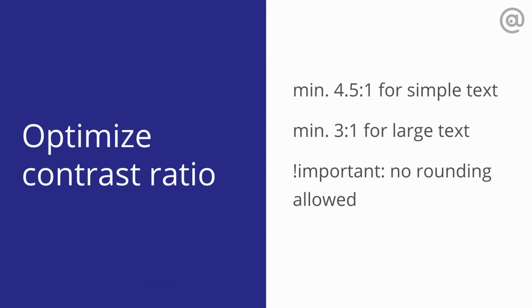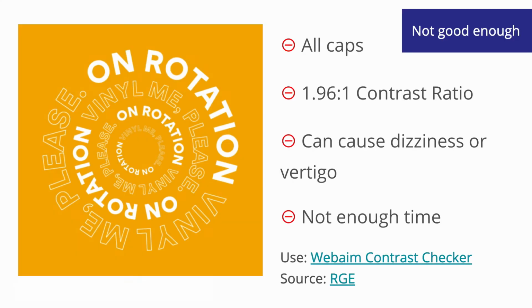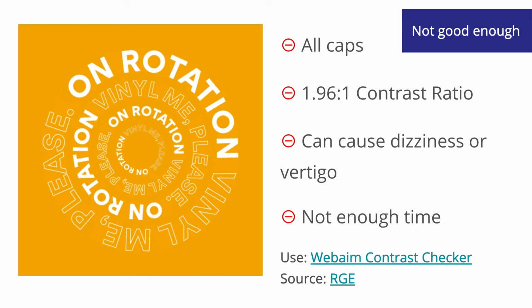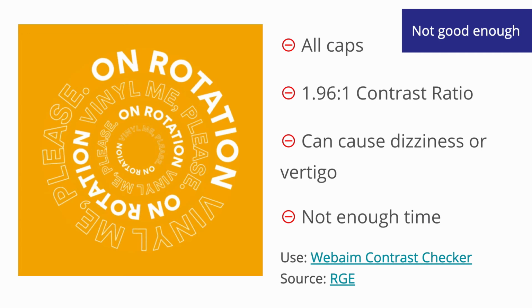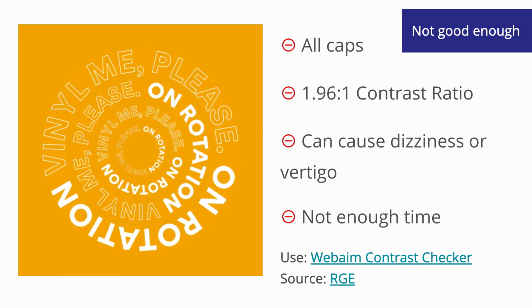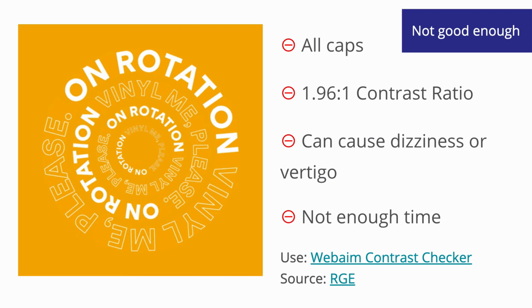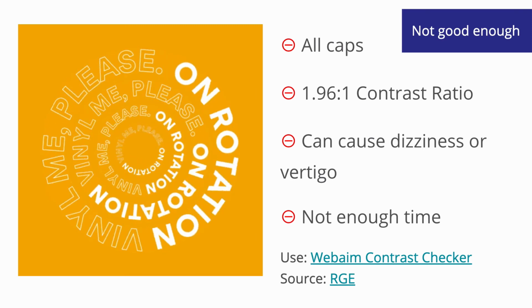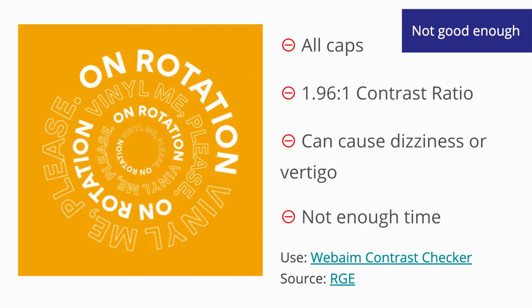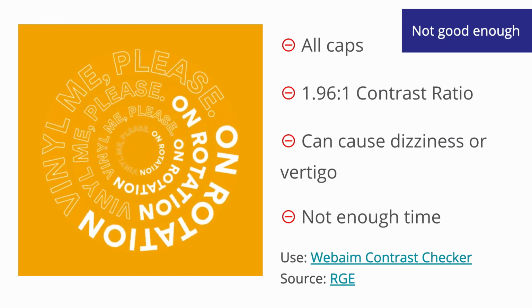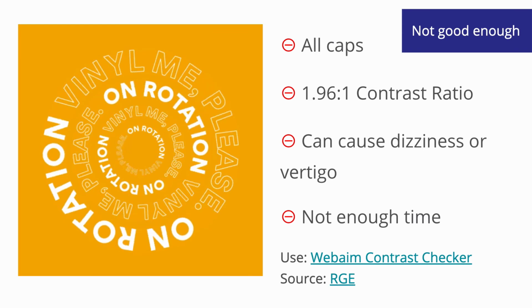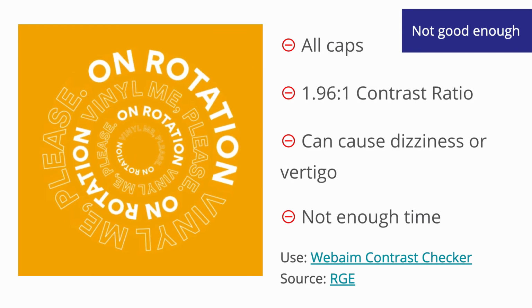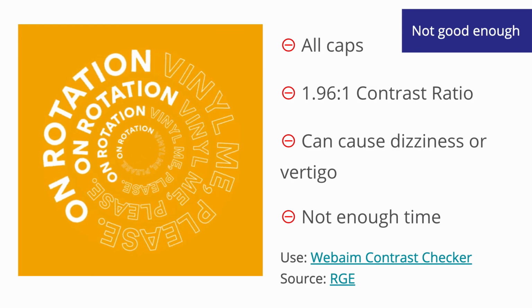Let me show you an example for this contrast ratio issue. So here's an animated GIF from Vinyl Me, which looks cool, but it violates a lot of things, not only contrast ratio. It's all caps. The contrast ratio is only 1.96 to 1, and this moving can easily cause dizziness or vertigo for some people.